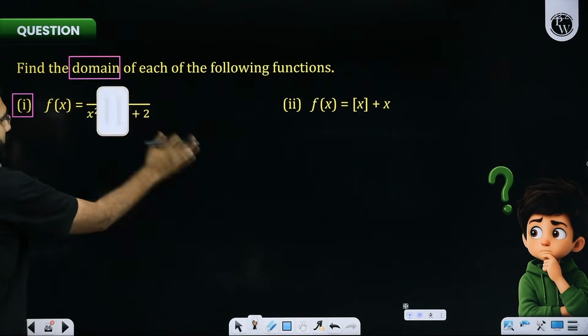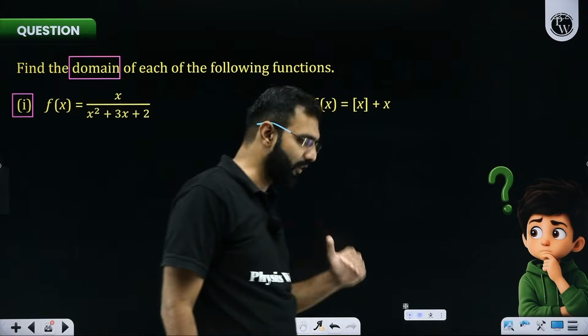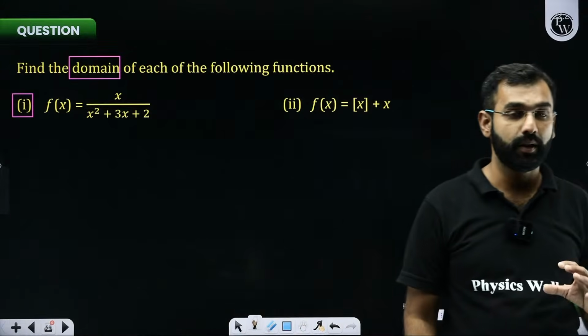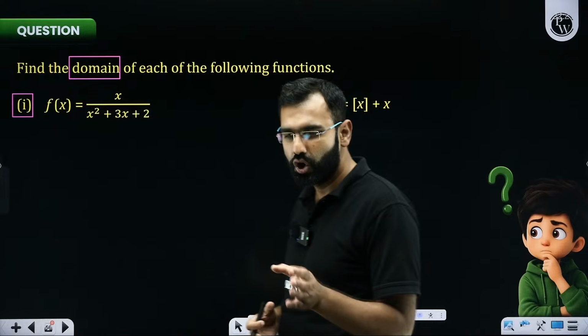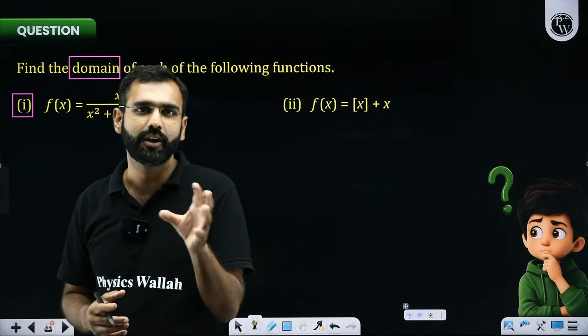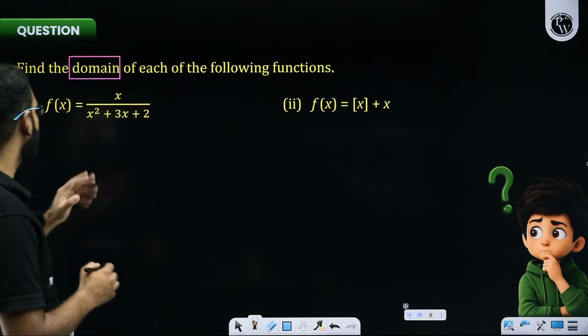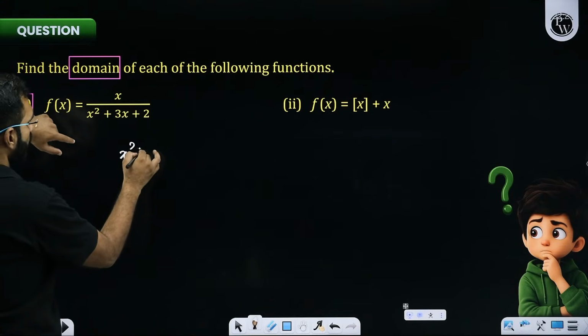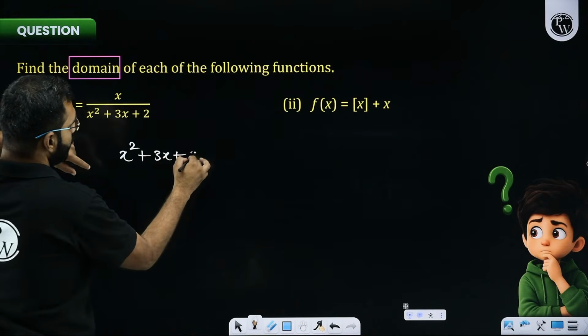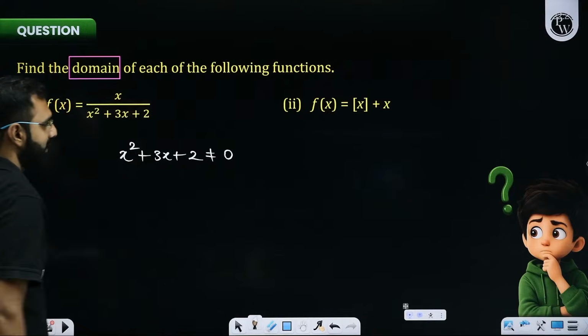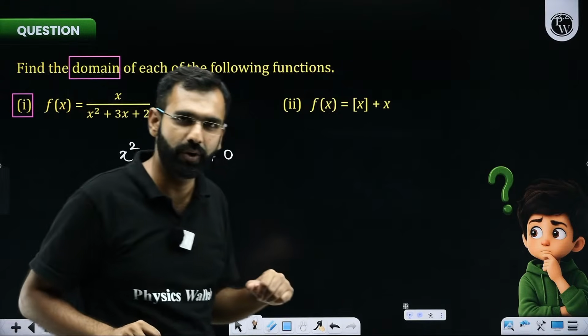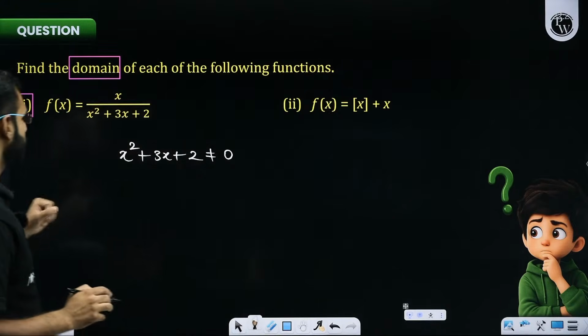But the problem is, whenever you see a rational function, something upon something, we avoid taking the denominator as 0. We avoid keeping the denominator as 0, don't we? So this denominator over here, which is x square plus 3x plus 2, I would not want to have it as 0. Yes or no? Getting it, everyone? Which means what? Splitting the middle term.